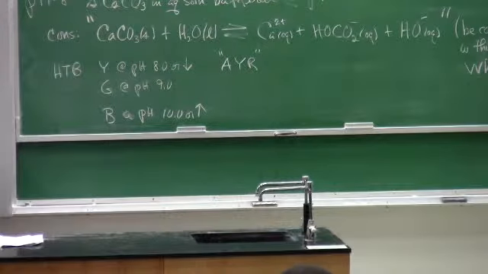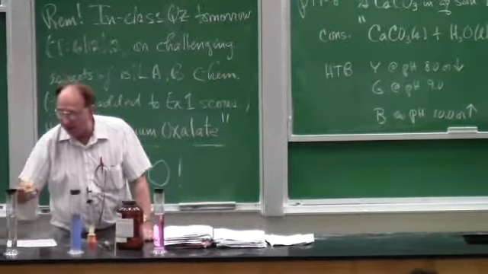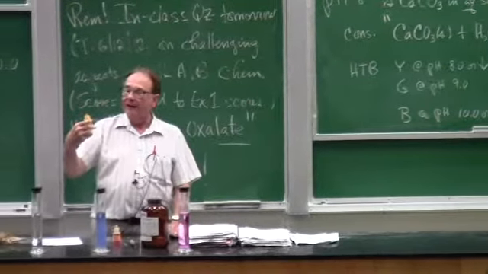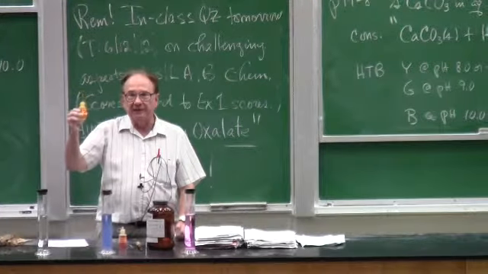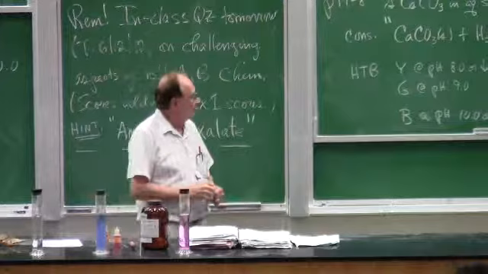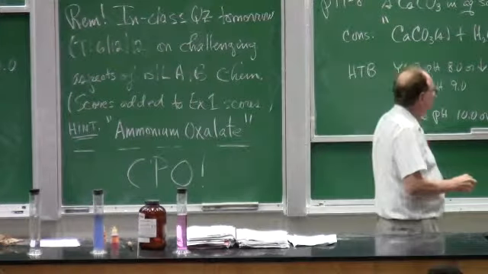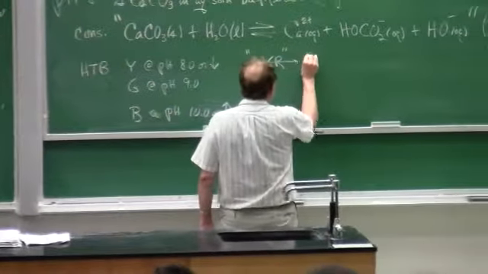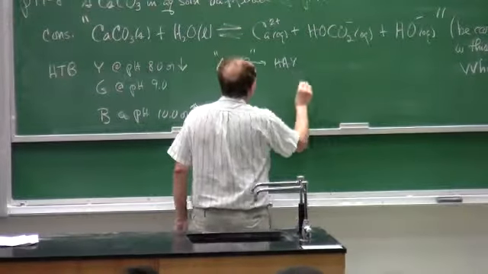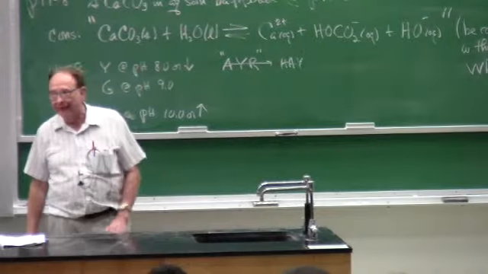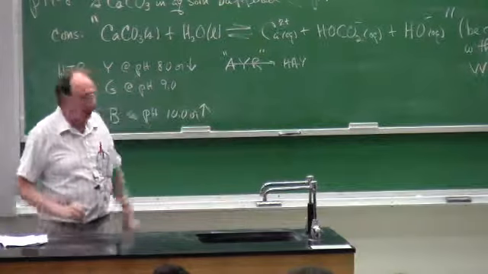And the name for this indicator is alizarin yellow R. I'll call it HAY, so I can put a proton on that thing.